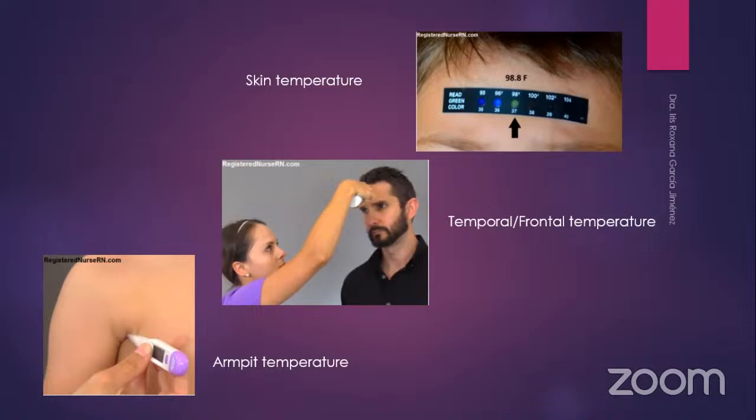In the electronic devices, if the battery is low, the temperature is not going to be taken in a correct way. So if you feel your patient is extremely cold and the electronic thermometer tells you that it's normal, of course it's not. Check again with a mercury thermometer, considering the situation.